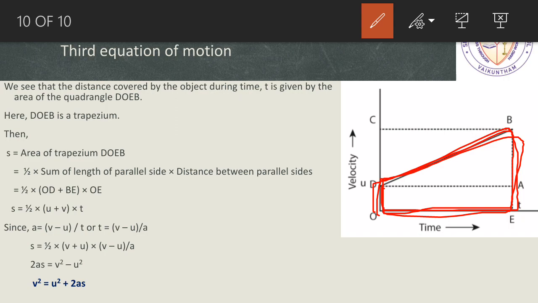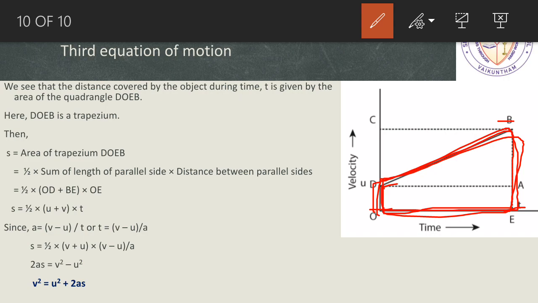So area of a trapezium is always half into sum of length of parallel sides into distance between the parallel sides. Okay. So here the parallel sides are OD and EB, right? OD and EB.